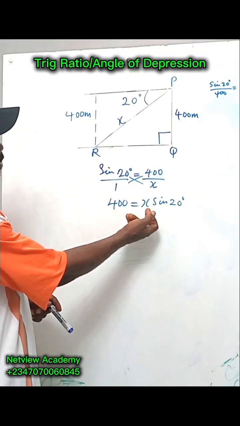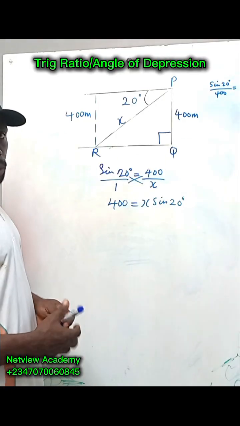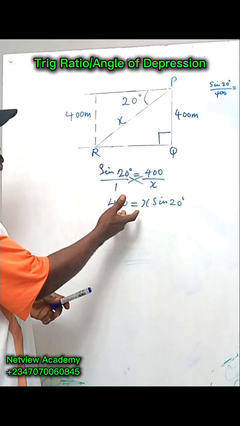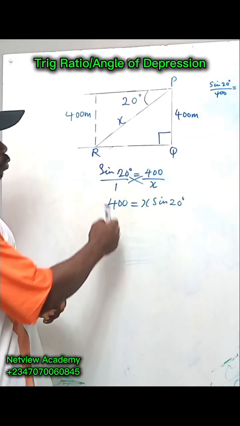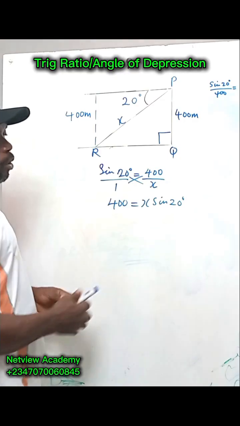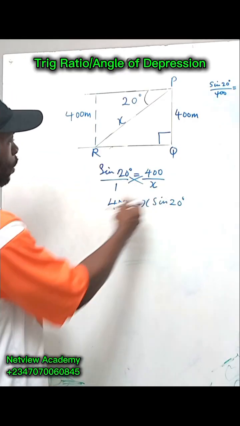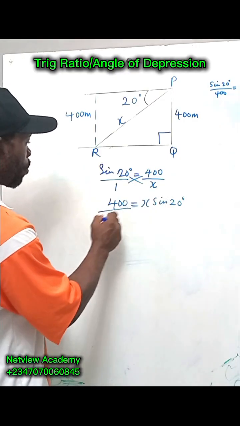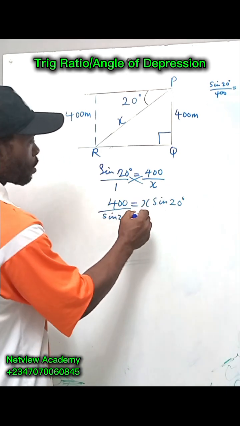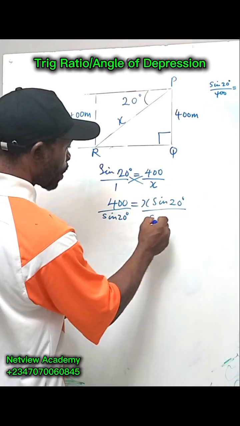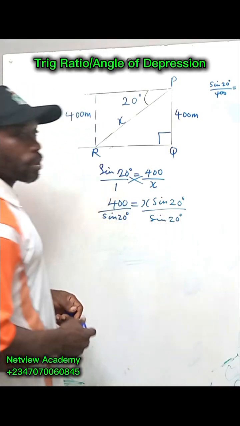Now we are looking for the value of x, so we want x to be on one side of the equality sign. To do that, we are going to divide both sides of the equation by sine 20 degrees. So this becomes 400 all over sine 20 degrees equals x sine 20 degrees all over sine 20 degrees.